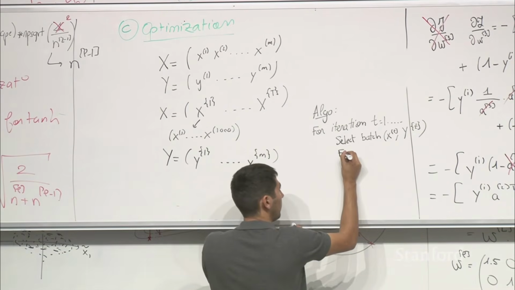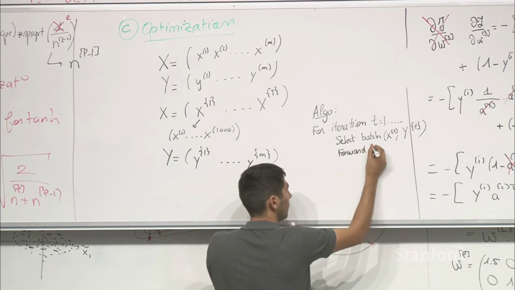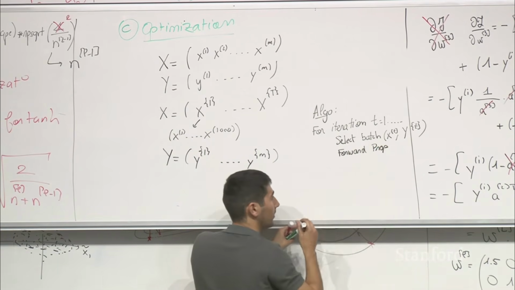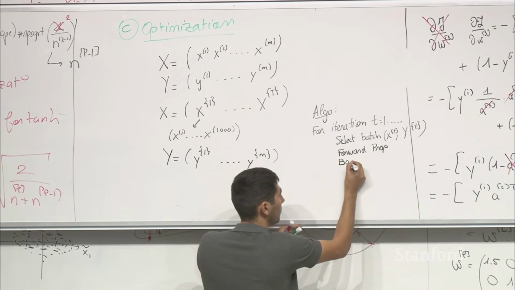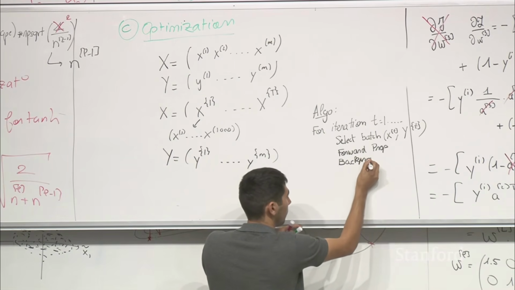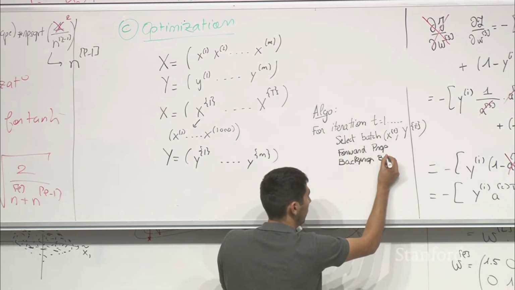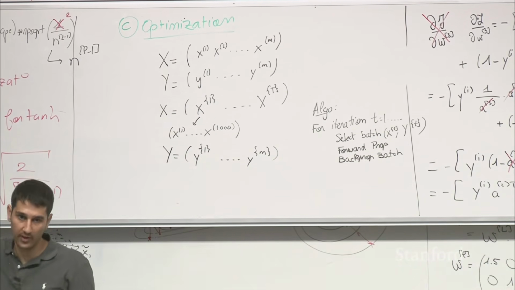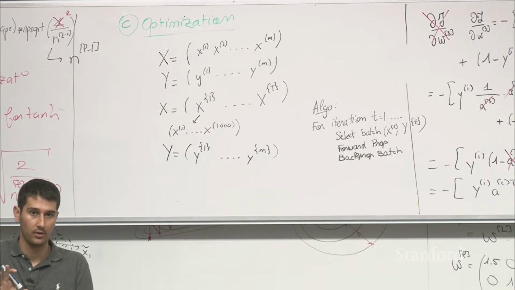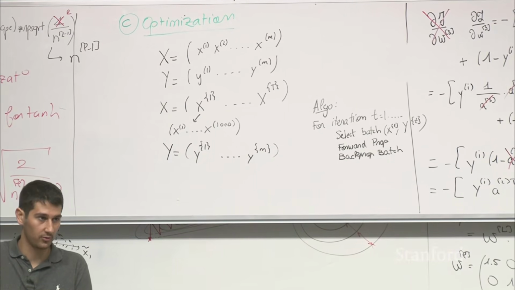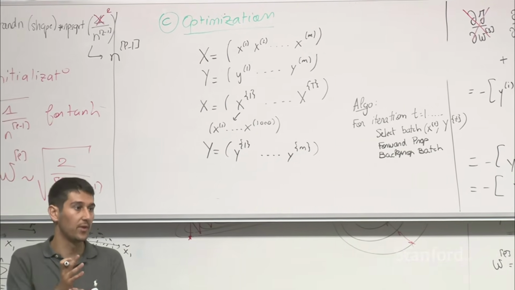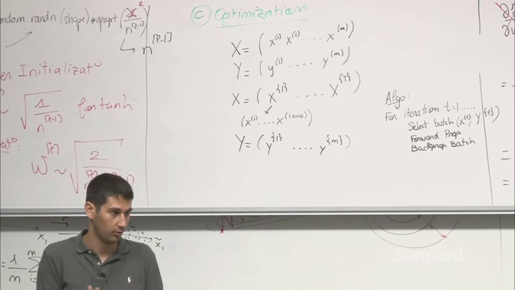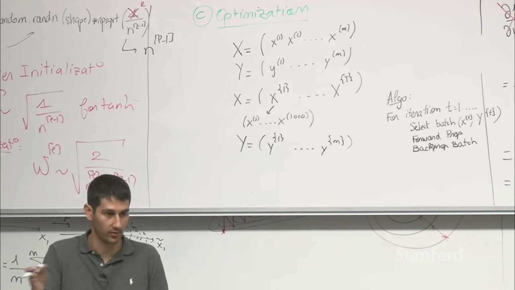You will forward propagate the batch, and you will back propagate the batch. By forward propagation, I mean you send the whole batch to the network, and you compute the loss function for every example of the batch. You sum them together, and you compute the cost function over the entire batch, which is the average of the loss functions.